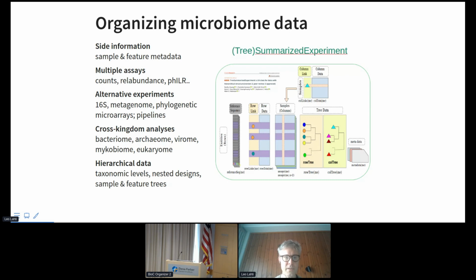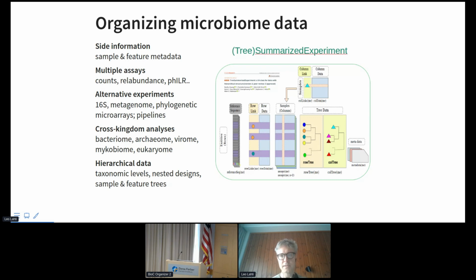And we, of course, need to interlink these with the abundances. But not only that, we usually have multiple assays that may come from, let's say, different statistical transformations of the data, different measurement technologies like 16S and metagenomics, and we can have different pre-processing pipelines. There are many different sources of the data that we want to link together.